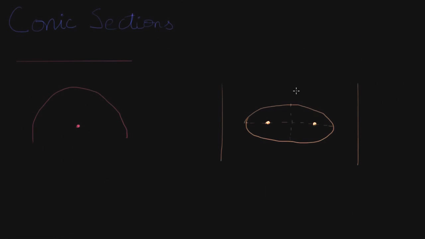Let me define my next conic sections term with this case of the ellipse. An ellipse has two foci, which is the plural for focus. I'll call this focus F1 and this focus F2. We have this special line called the latus rectum, and the latus rectum is the line that runs parallel to the directrix and passes through the focus.